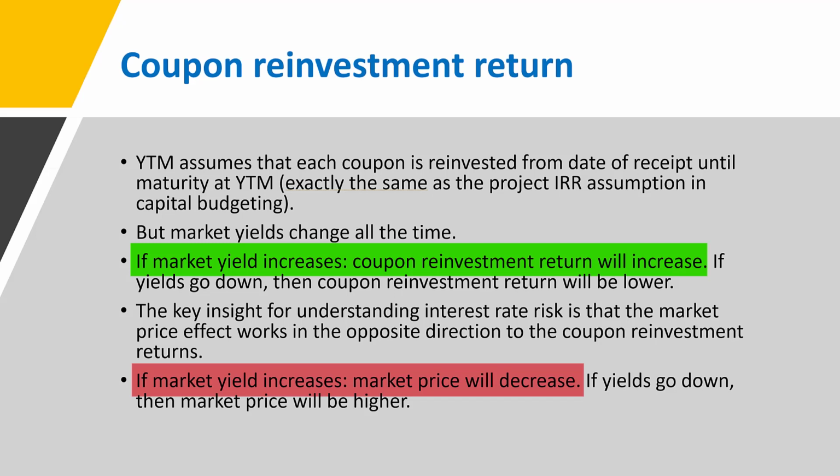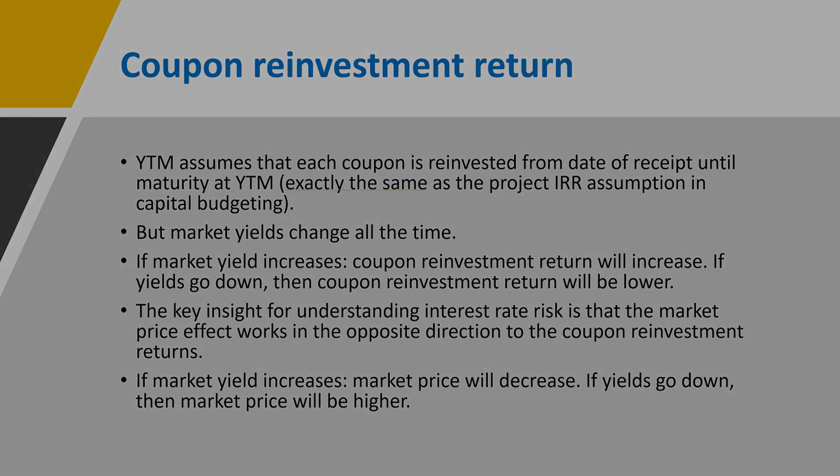Clearly, this is bad for the investor. Therefore, the market price effect and the coupon reinvestment effect of any change in market yield work in opposite directions, and it is this that is central to your understanding of interest rate risk.